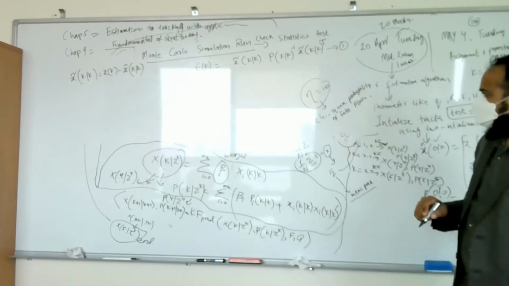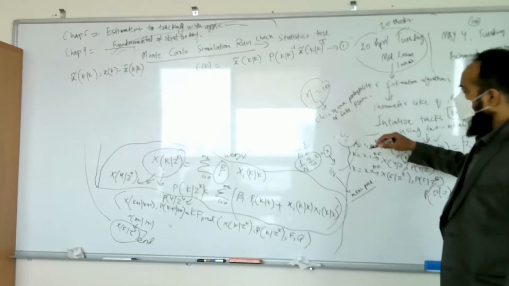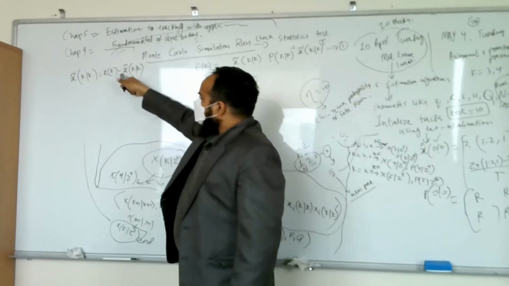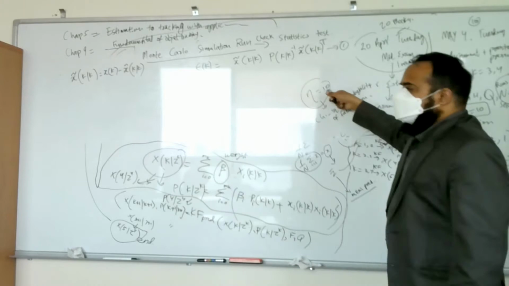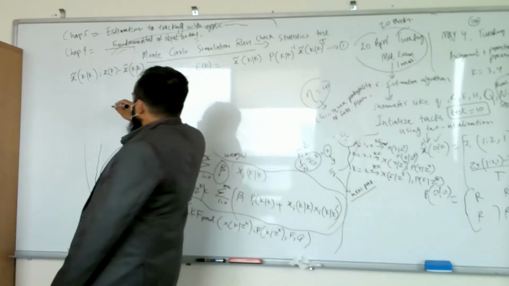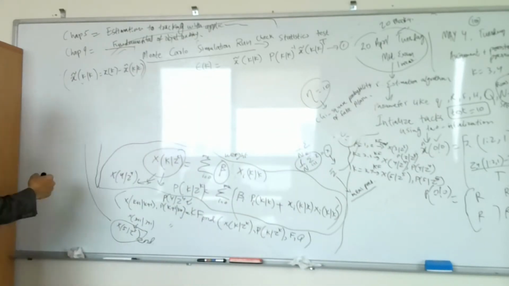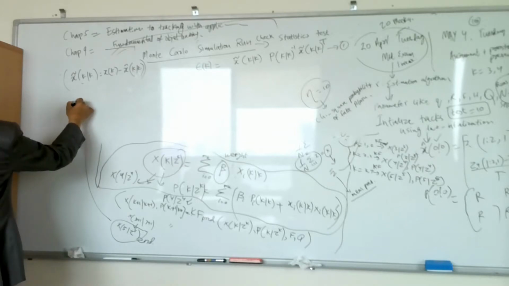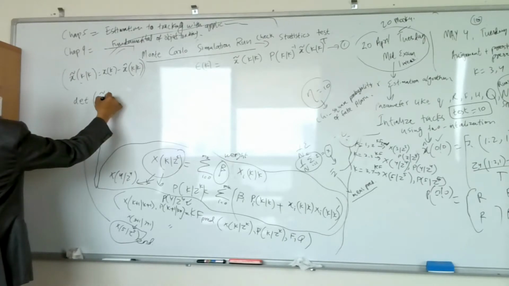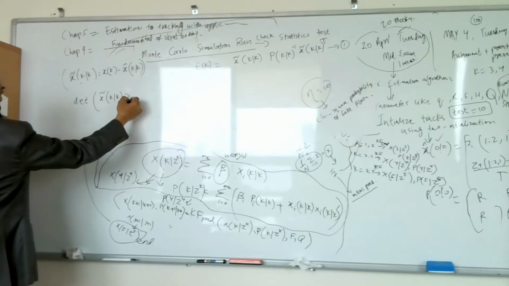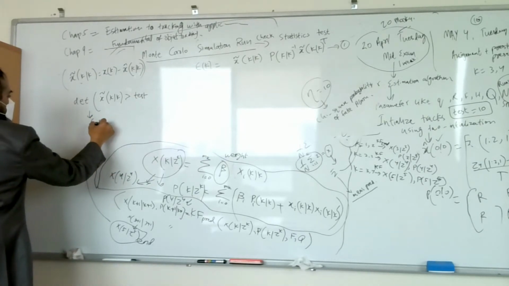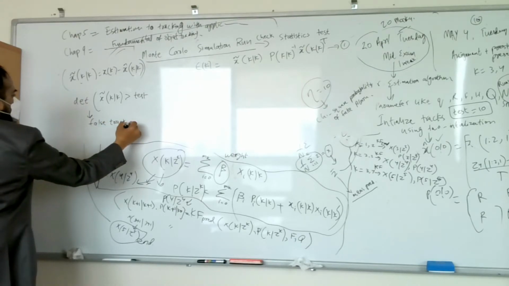So you can test that the distance between the true value and the estimated value should be less than this value. If the determinant is greater than this test value, then this is a false value.